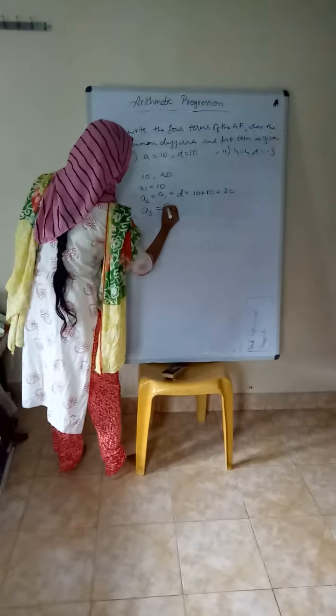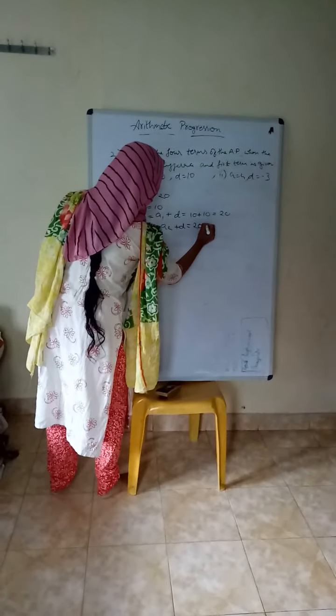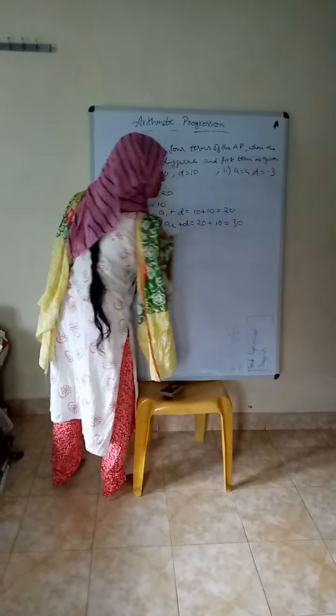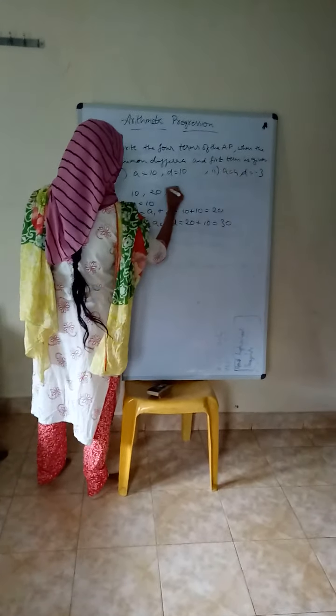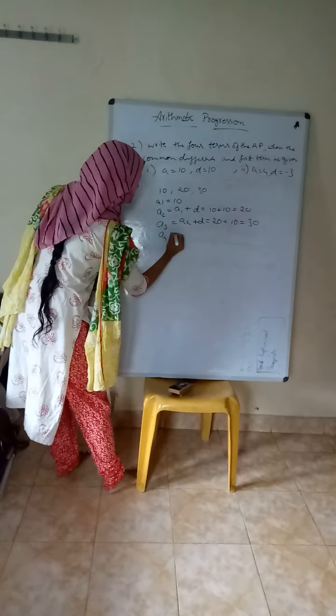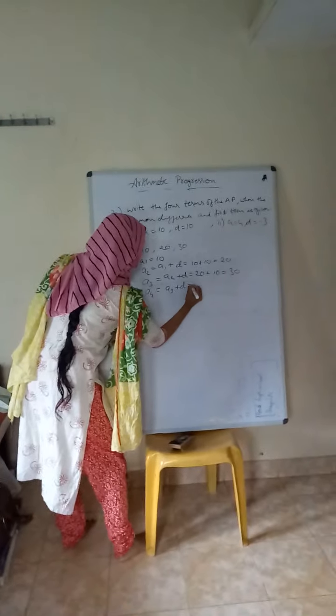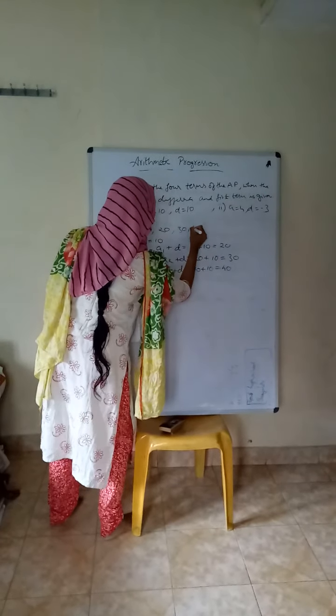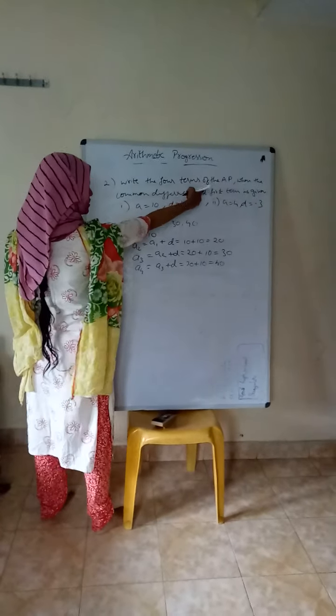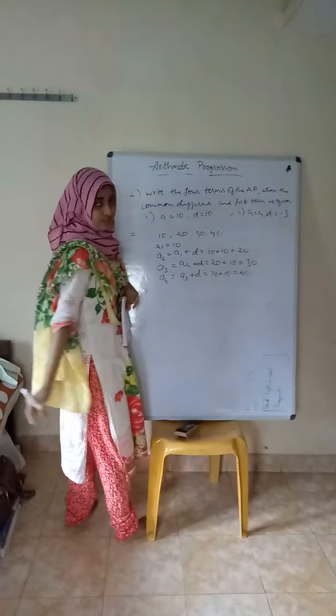So A2 plus d: A2 is 20, plus d which is 10, so you will get 30. Then what is A4? Same way, you add d to A3: 30 plus 10 is equal to 40. So those were the first 4 terms of the AP.